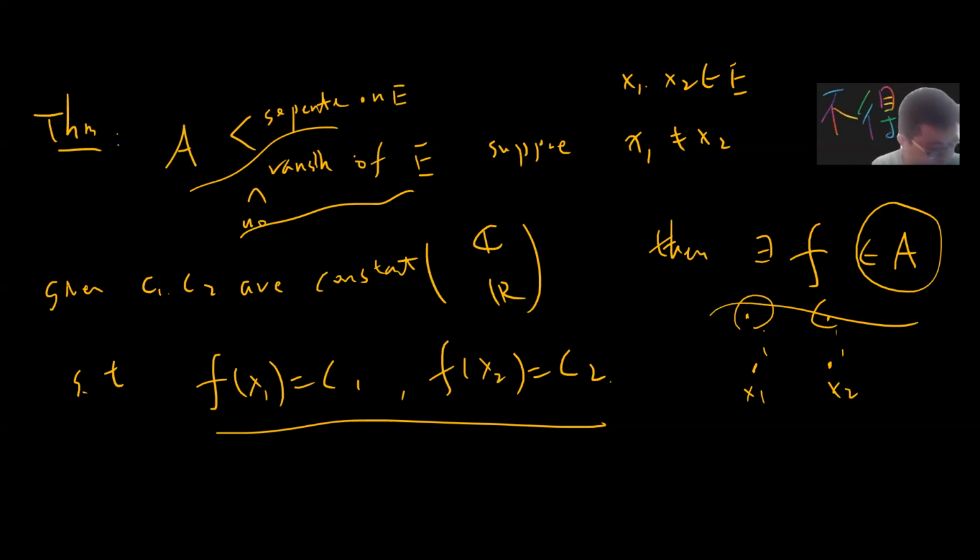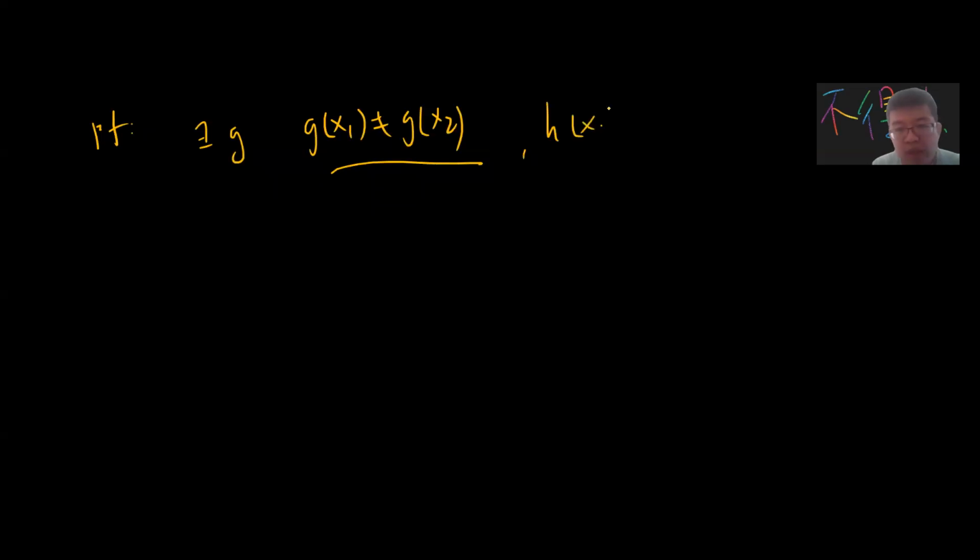I only say that A is an algebra of functions. So the proof: notice that there exists a g such that g(x1) is not the same as g(x2). The reason is that A separates points and has no vanishing point. So there exist h and k such that h(x1) is non-zero and k(x2) is non-zero.